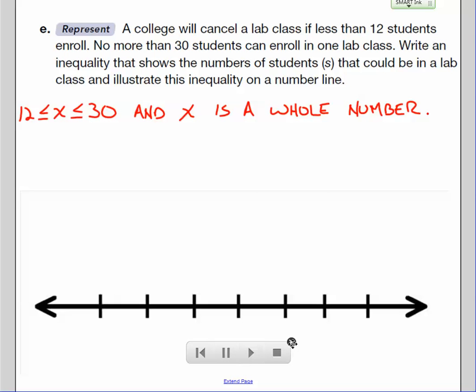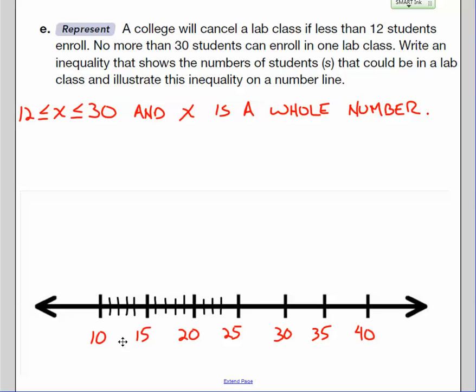Let's start off by scaling it. I'll go by fives, starting at 10 and going up to 40. I'm going to put some markers in between here for 11, 12, 13, and 14. So 4 equally spaced markers in between each one.